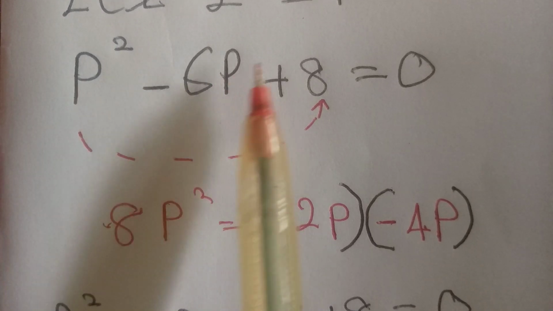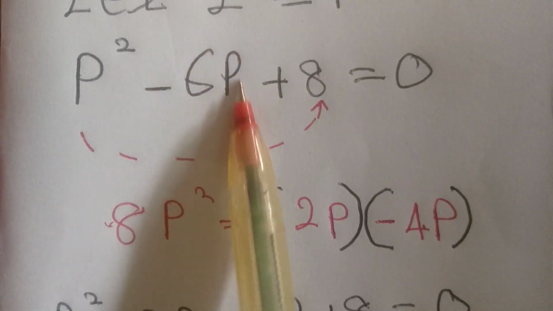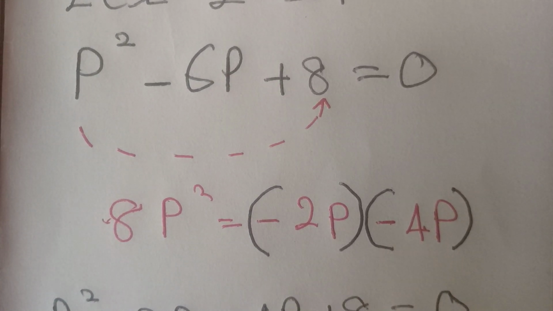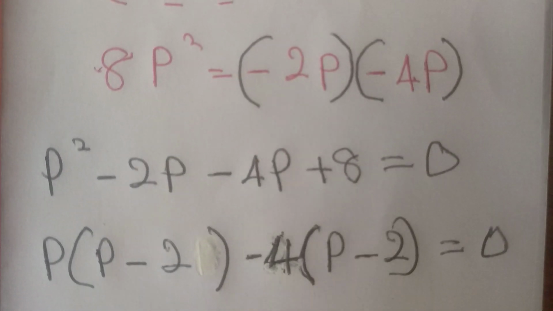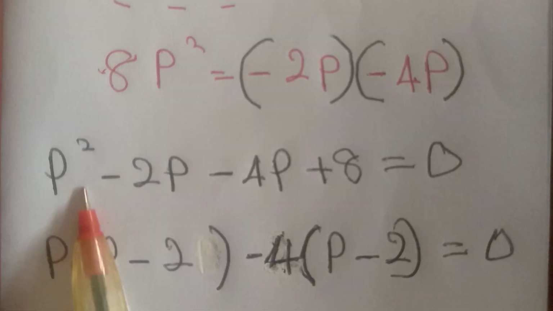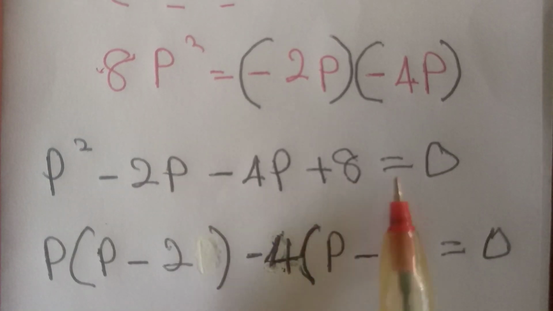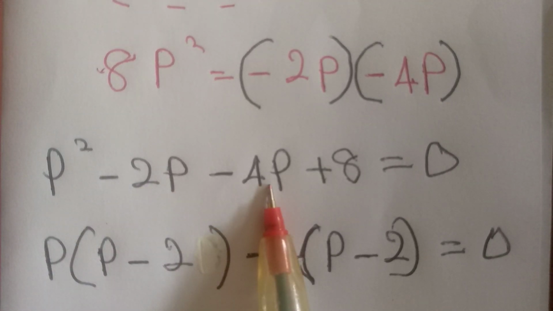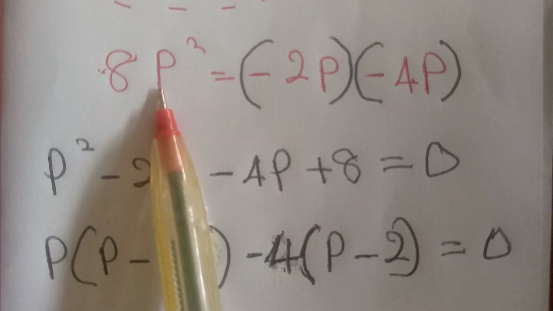So that means this middle term can be substituted by minus 2p and minus 4p. And that's what you will have in this next line. I have my p squared minus 2p minus 4p plus 8 equals to 0. The minus 2p and minus 4p is coming from the factors of 8p squared.